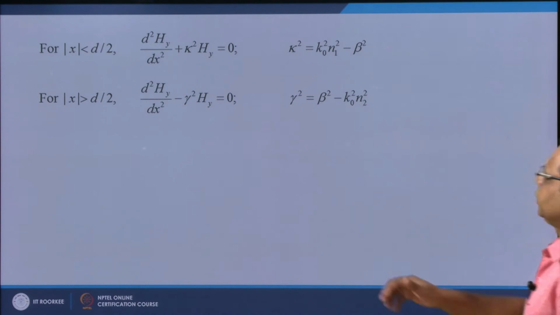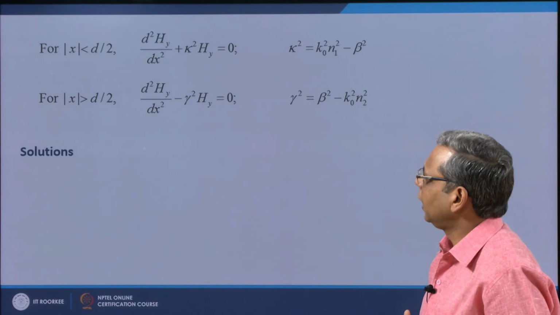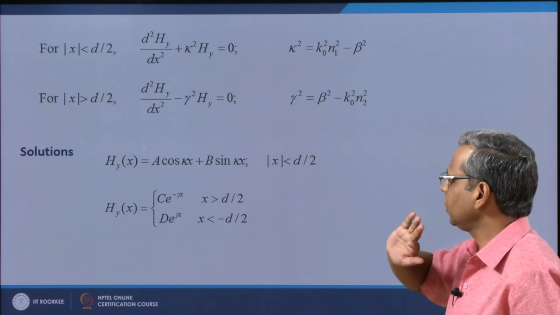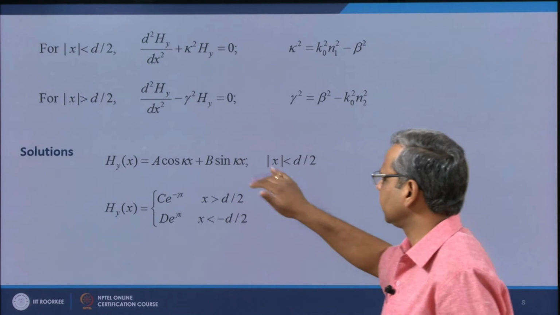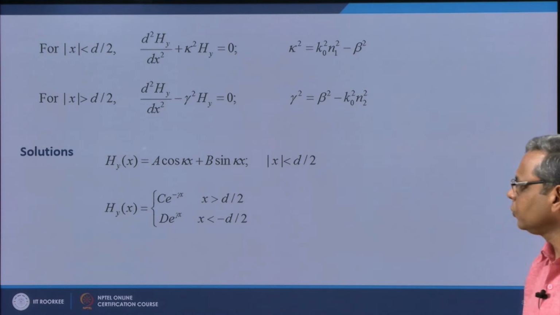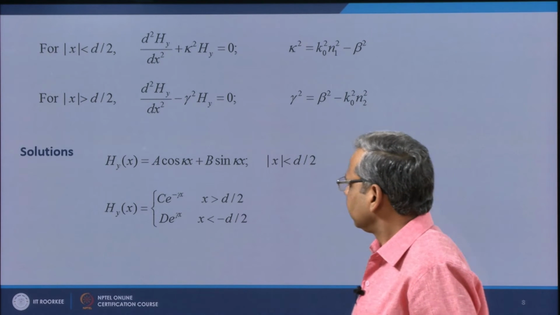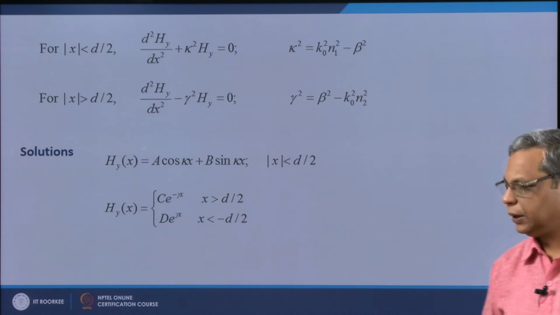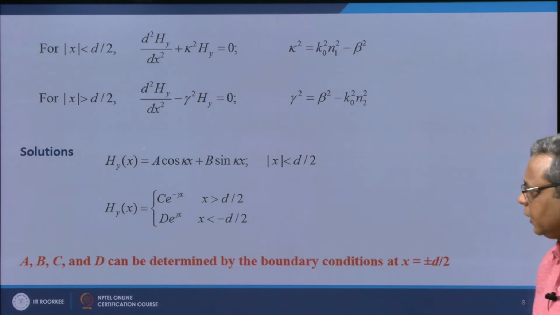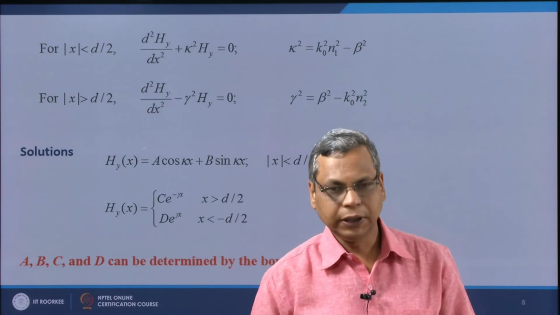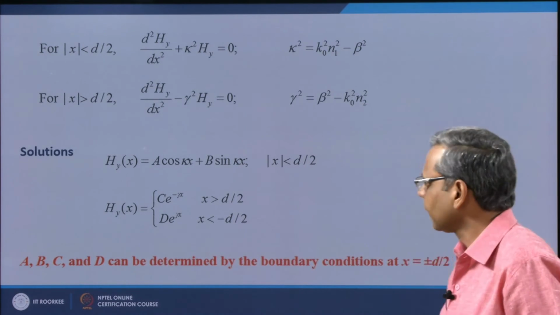The solutions are again exactly the same: Hy is equal to a cosine kappa x plus b sine kappa x for mod x less than d by 2, and decaying solutions for mod x greater than d by 2. Again a, b, c and d can be determined with the help of boundary conditions.